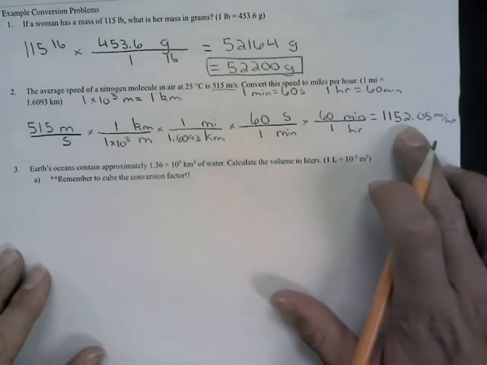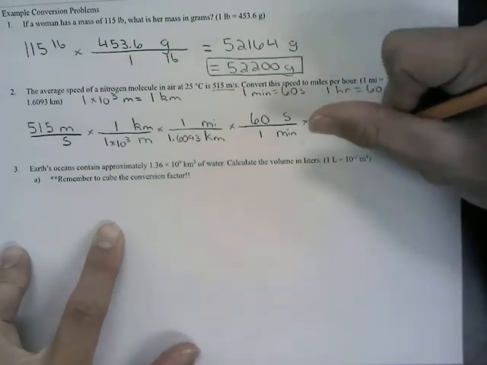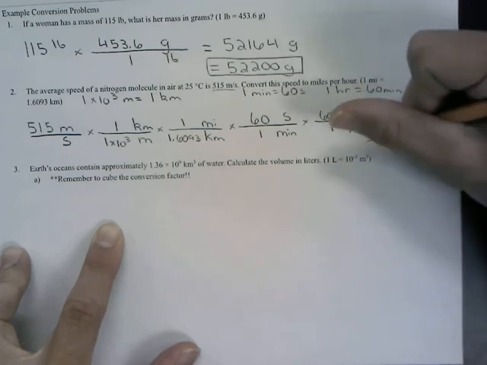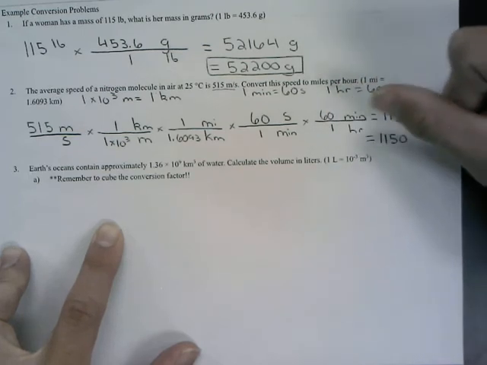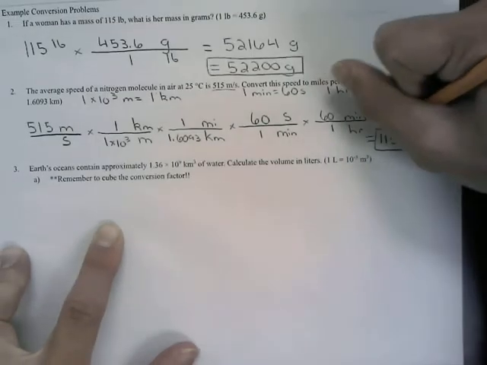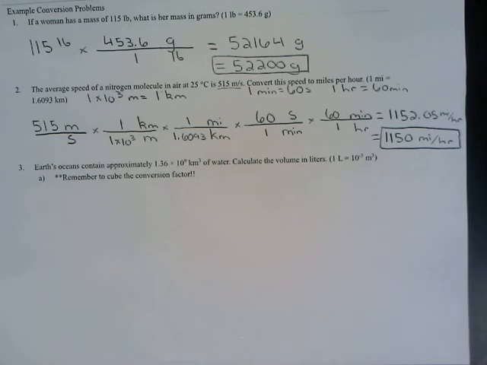So we look at our third digit, we look backwards, it does not round. So the movement of this nitrogen molecule becomes 1,150 miles per hour. Now you could also express this in scientific notation, but to save some time, I'm just going to put it as 1,150 miles per hour.